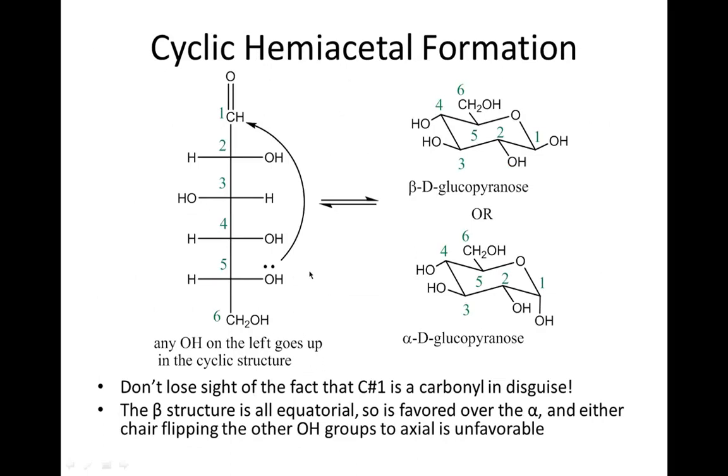So going back to this carbon, remember this carbon number 5 was the penultimate carbon, and so here's another reason why it's important. Not only does it have the R configuration, it also uses this oxygen to close up and make the cyclized ring.